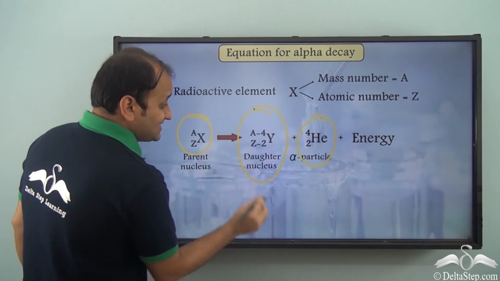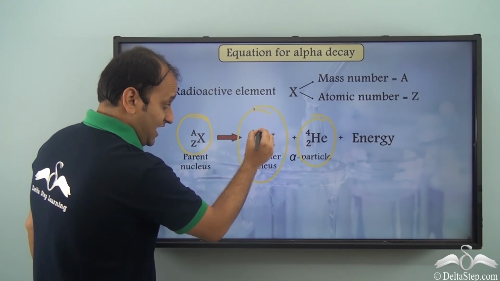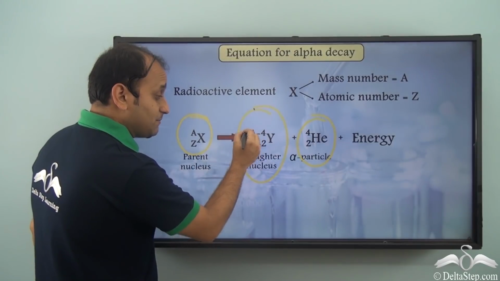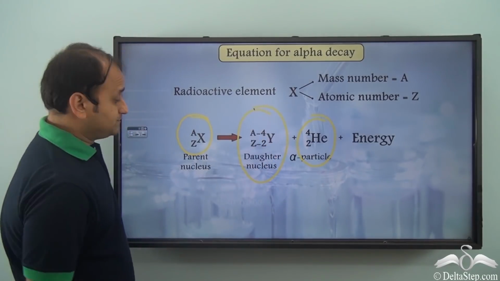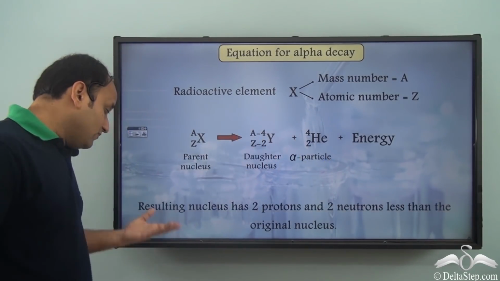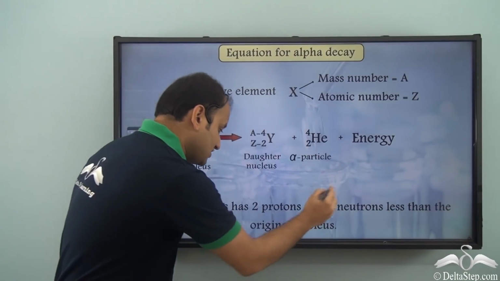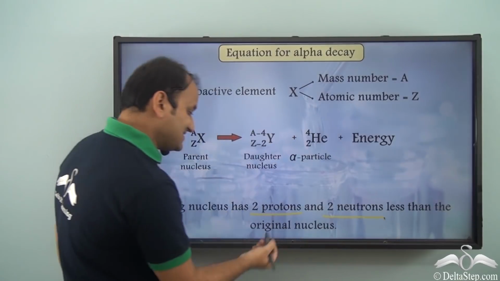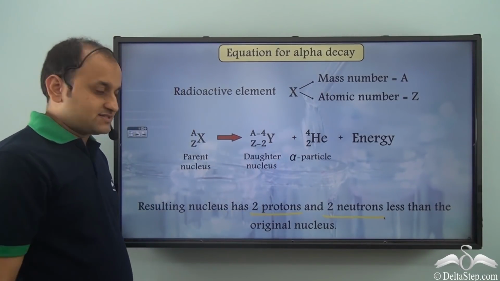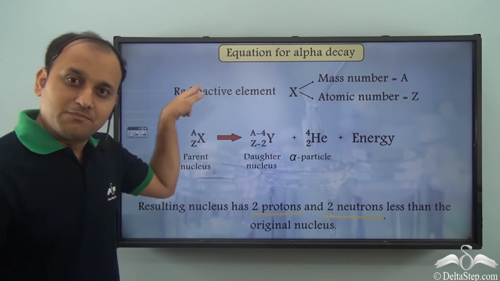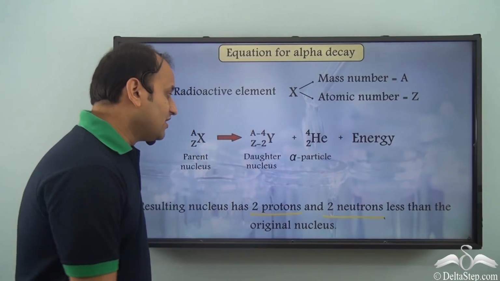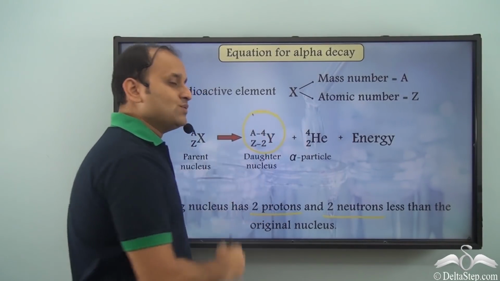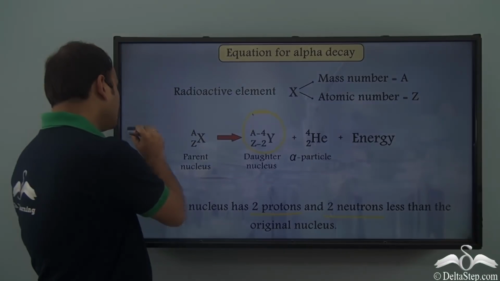Well, it is mass number A minus 4 and atomic number Z minus 2. So the resulting nucleus has 2 protons and 2 neutrons less than the original nucleus, and as the atomic number is changing, as a result we have a new element.